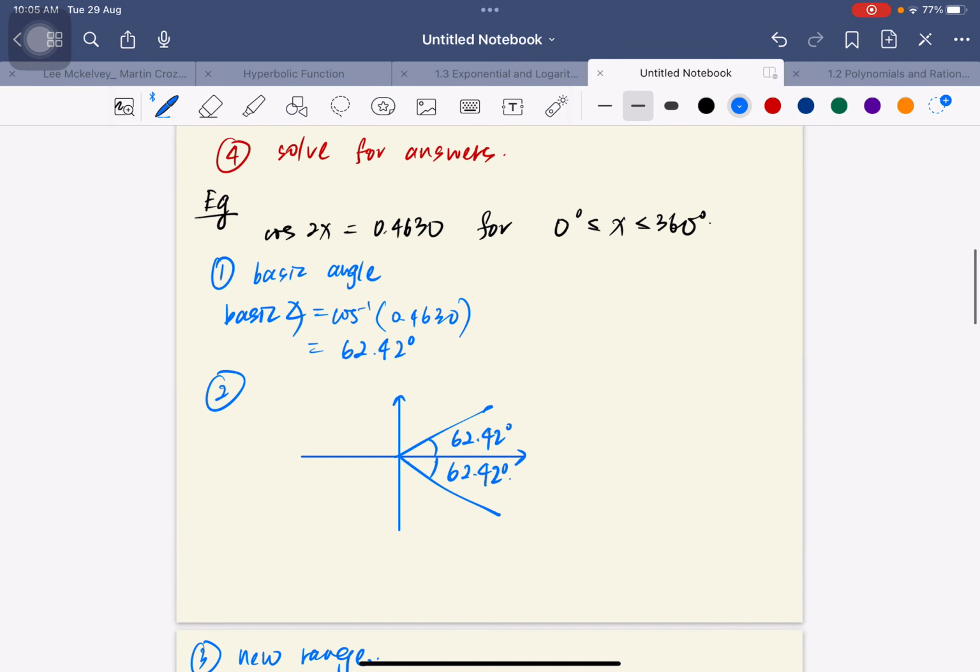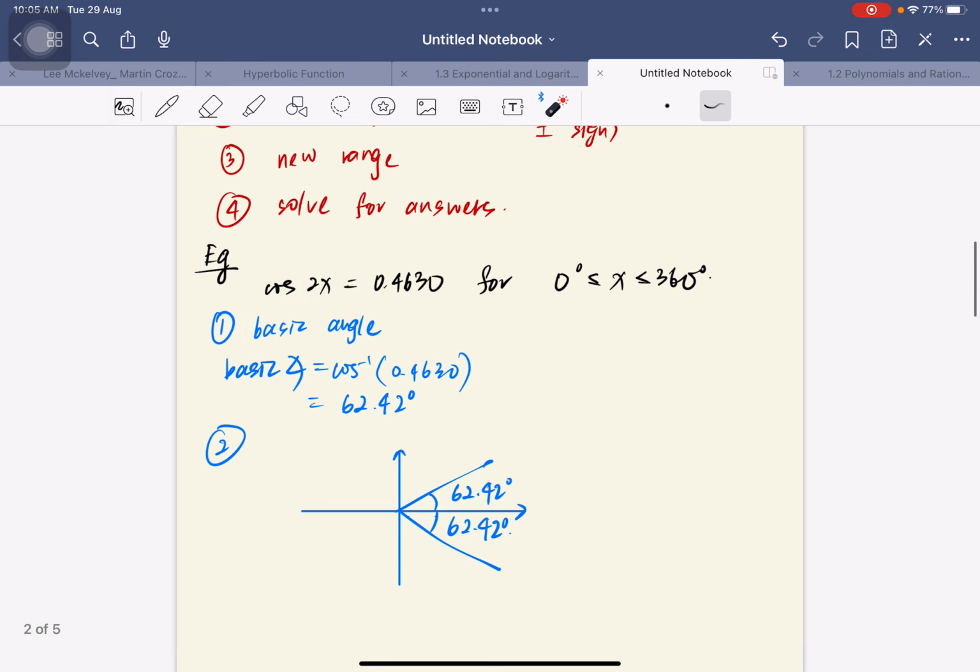Okay, so the first step, look for the basic angle by finding the cos inverse of this value. And if there's a negative sign, just ignore it, because the negative sign is just telling us which quadrant to choose.